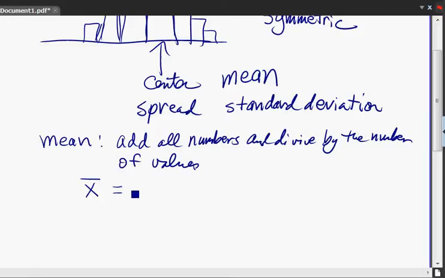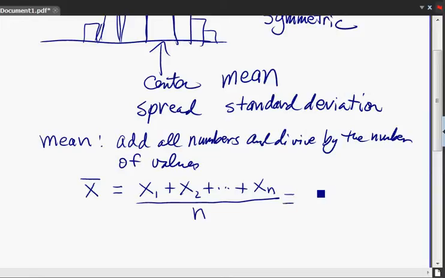And its formula is to take each value, so we can call them by whatever letter name we'd want, but we're going to take each value in our data set, number 1, number 2, up to the last value in our data set, which we're going to call number n. So I have n values in my data set, and then we'll divide that by the number of values in my data set. So there is a formula.